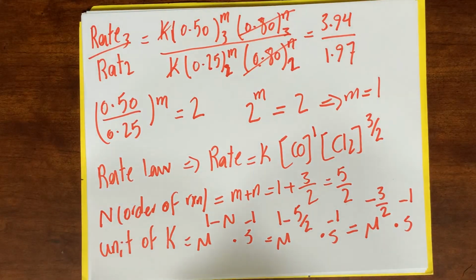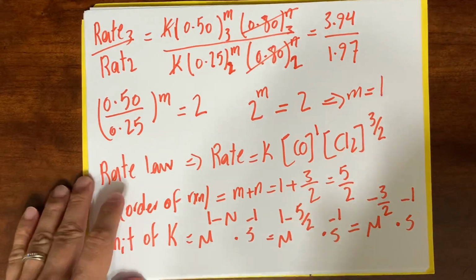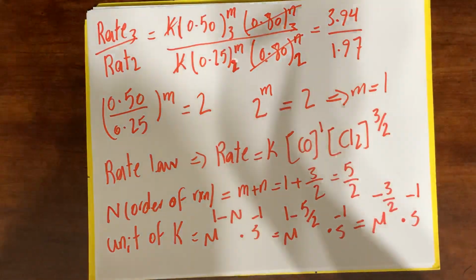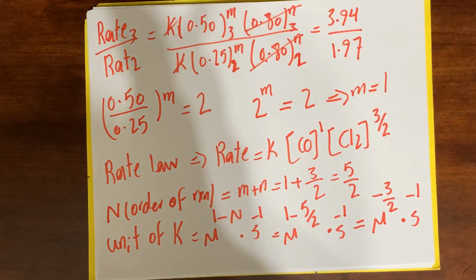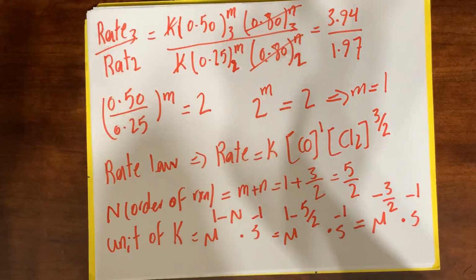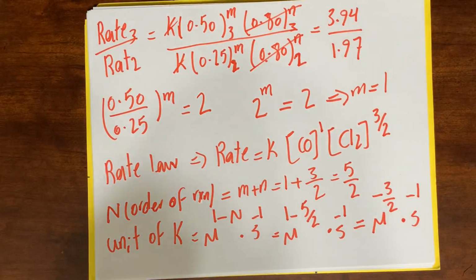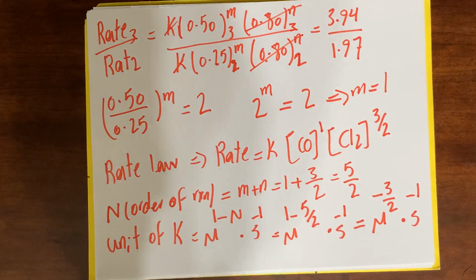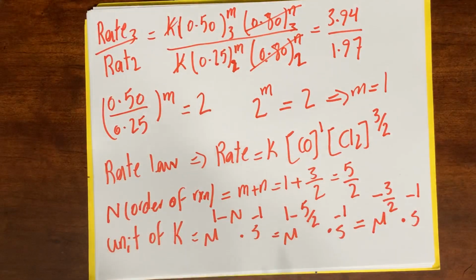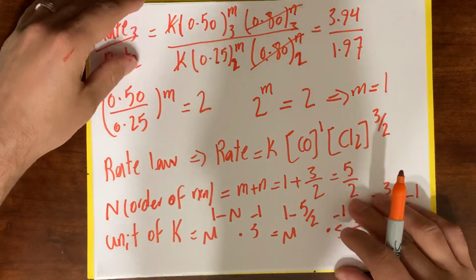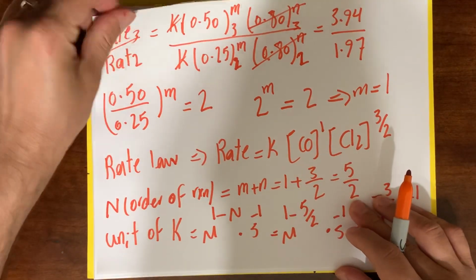Okay, so I showed you how to get the rate law and also the unit of k. So till now we were talking about the difference in the order of reactions. But let's briefly go through order of reactions and unit of k again.